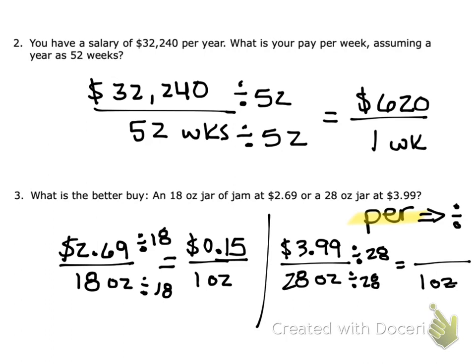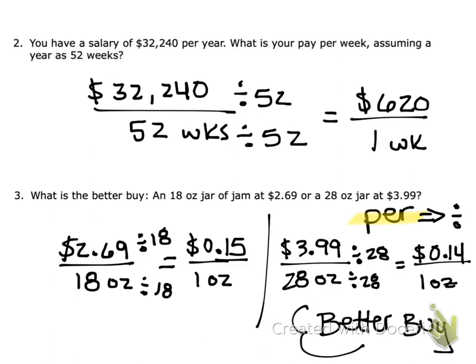And we will get 14 cents per 1 ounce. Make sure when you're doing these, you actually give me the answer of which one is the better buy. So this one would be our better buy or best option or however you want to label it, but make sure you give me that final answer. Any questions on those?